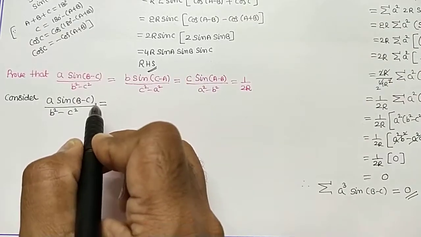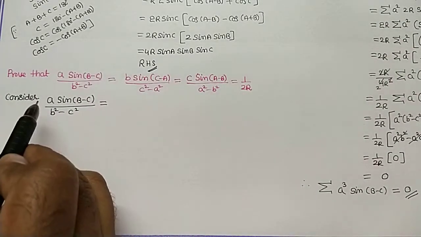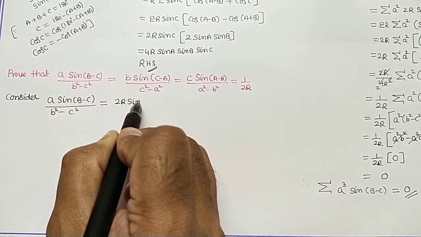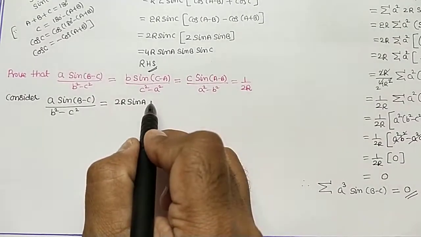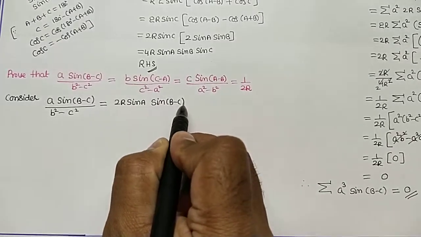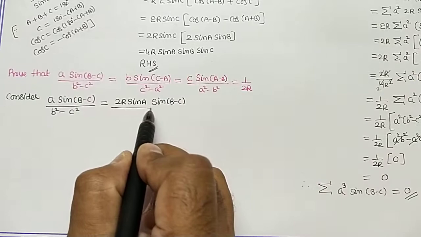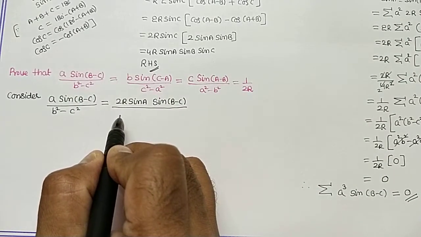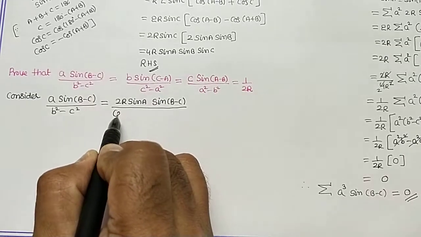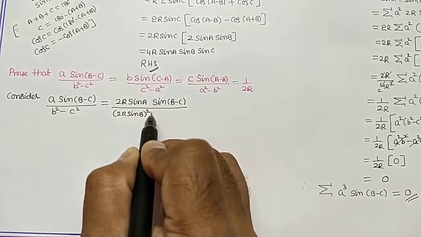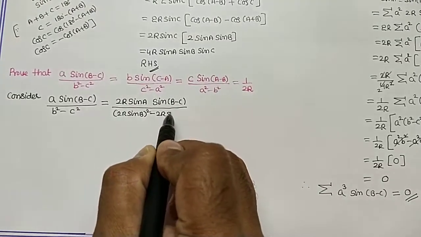which is equal to, from sine rules, small a we know that is 2R sine A, into sine of B minus C divided by b square. So we can write 2R sin B whole square minus 2R sin C whole square.